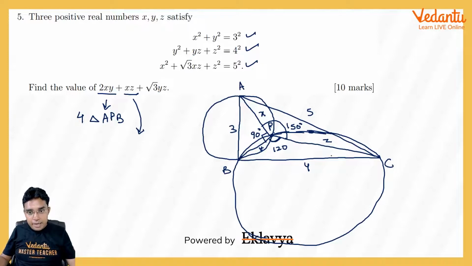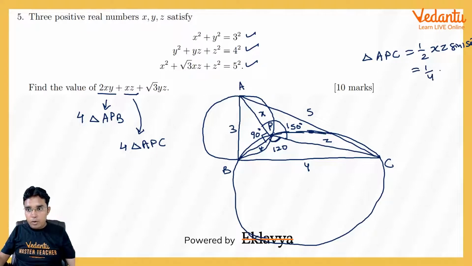Now xz is also related to the area of triangle APC, and 4 times of this, because the area of triangle APC would be 1 by 2 into x into z into sine 150. Sine 150 is half, so that will be 1 by 4 into xz. So xz is 4 times APC, and similarly root 3 yz you can think of as 4 times the area of triangle BPC, because sine 120 is root 3 by 2, so this will be 4 BPC.